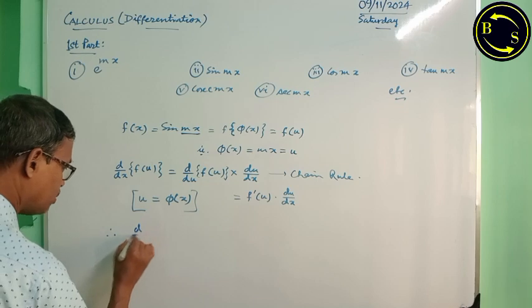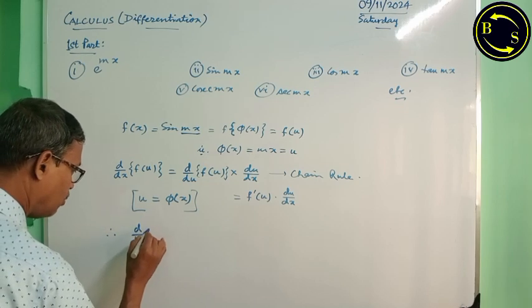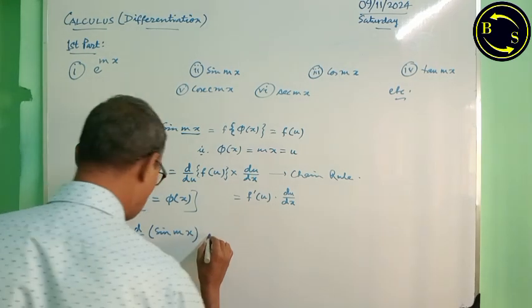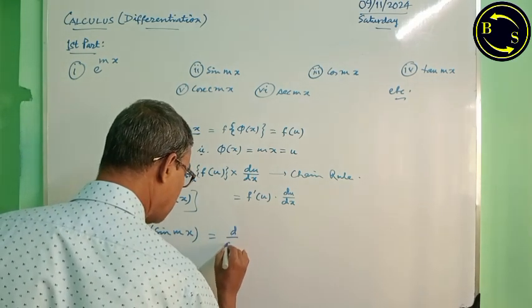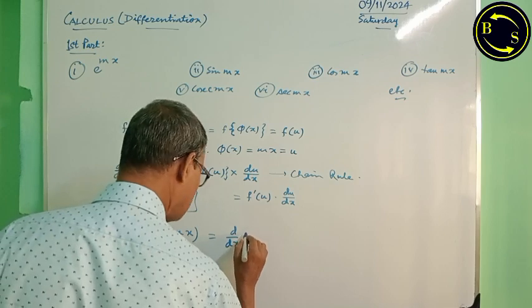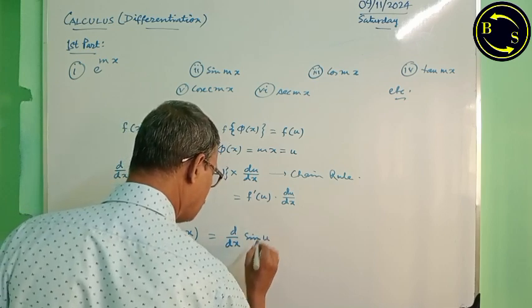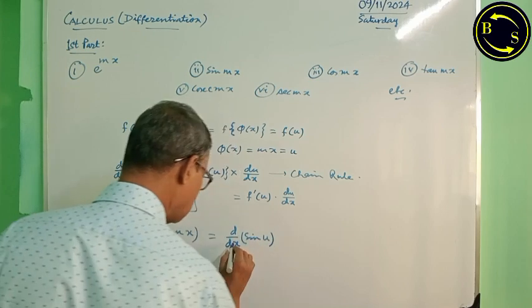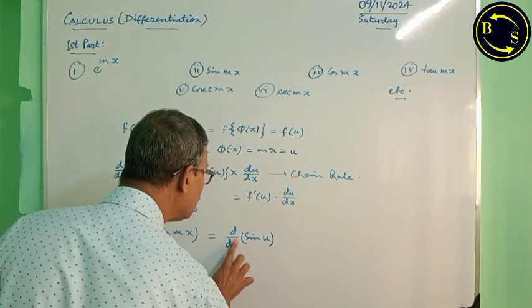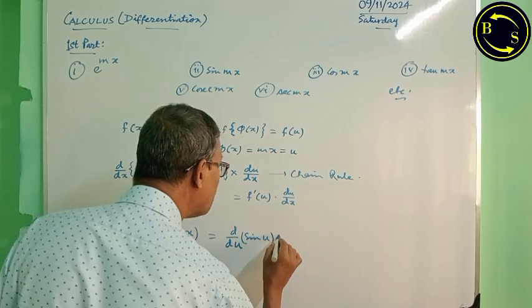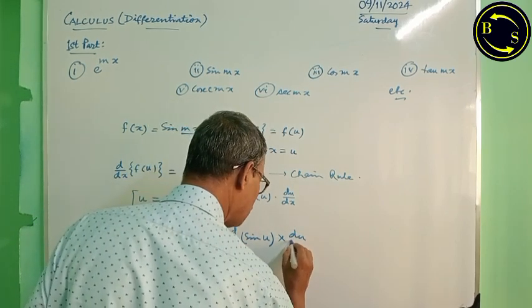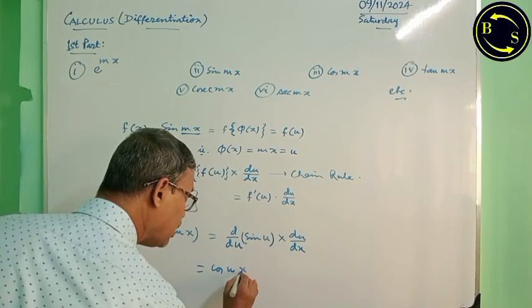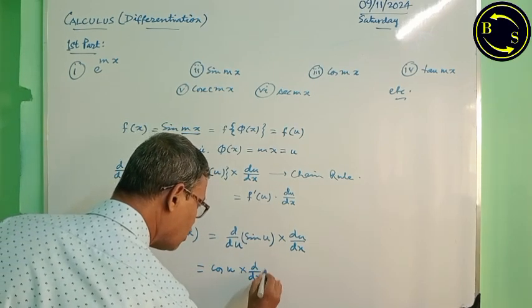That means d/dx of sin mx is equal to d/du of sin u into du/dx, that means cos u into d/dx of mx.